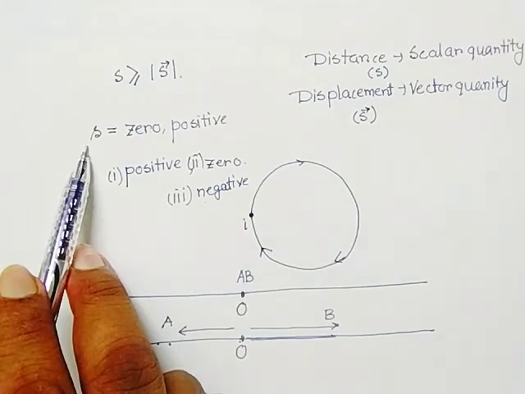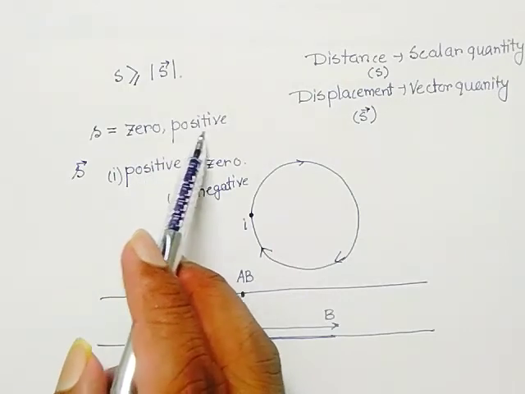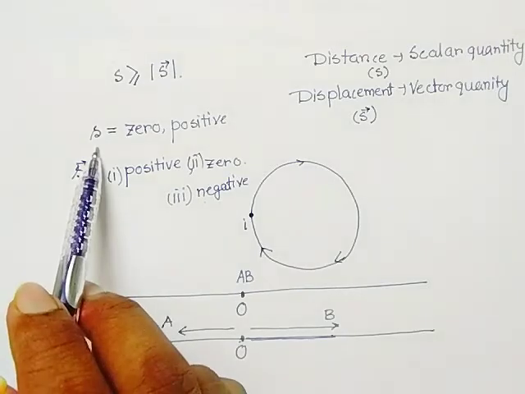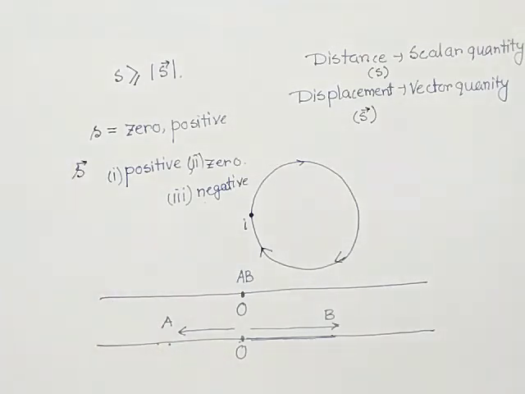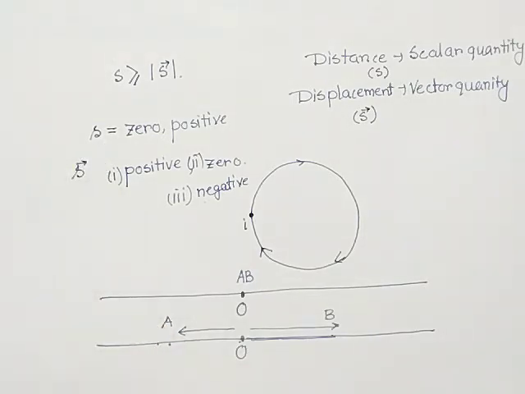If a particle starts its journey with respect to the point of reference, the starting point, then it obviously covers some path length, so the distance is always positive. If it does not move yet with respect to the point of reference, then the distance is 0.